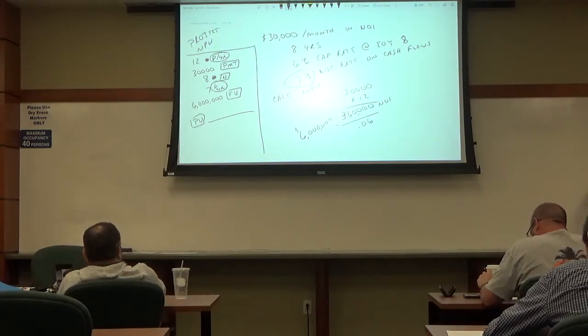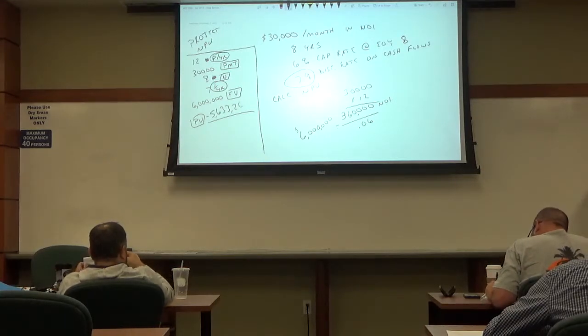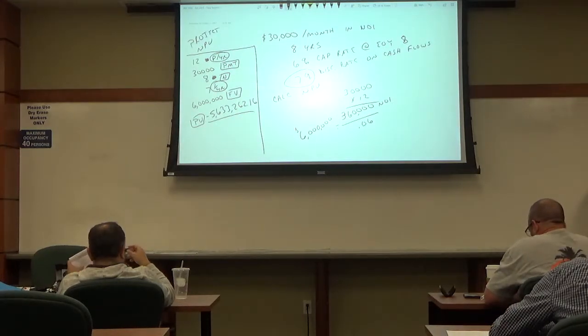Okay, what do we get? 5,633,262.16 rounded. That'll be our net present value.